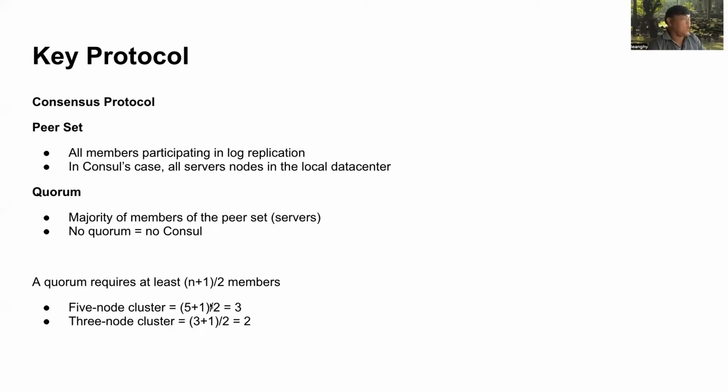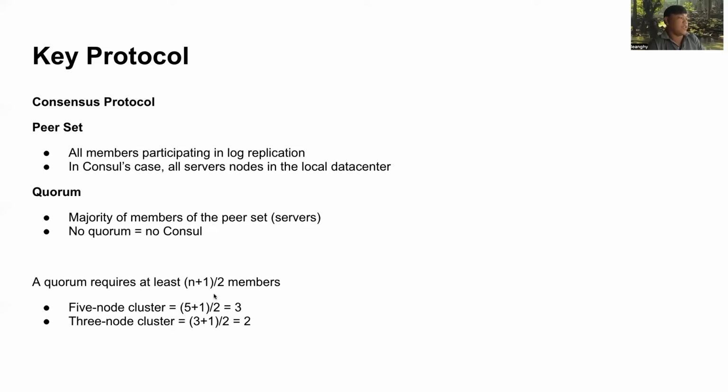That means if we have 5 server nodes, we can fail only 2. So I will have an example demo next, after I finish the presentation. I will have some examples.